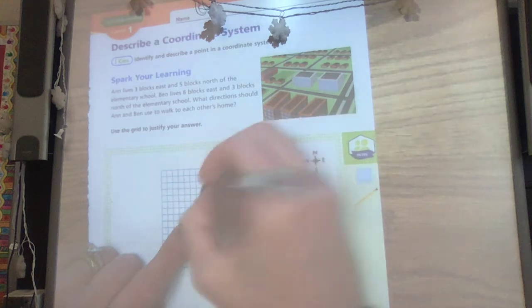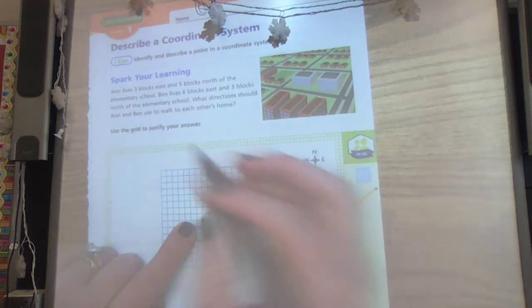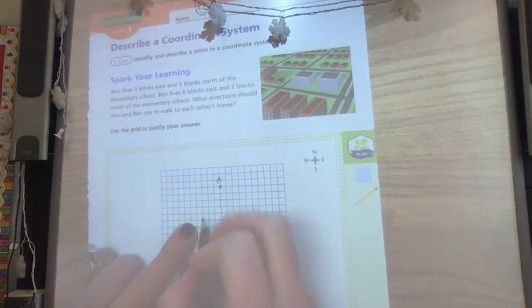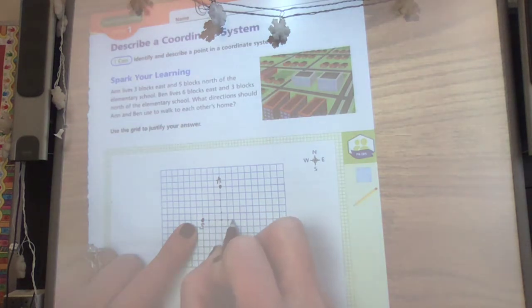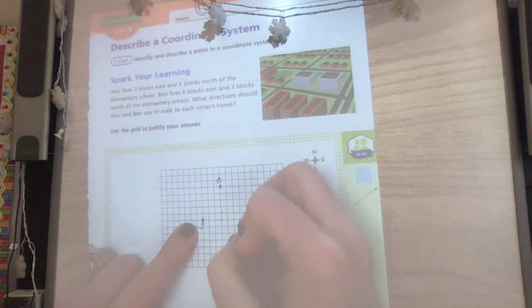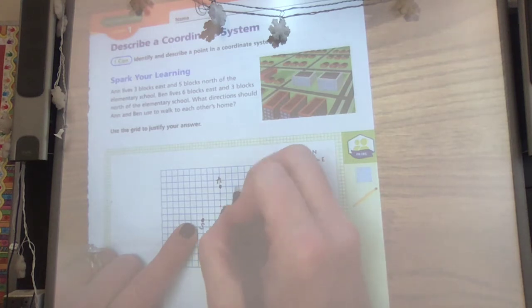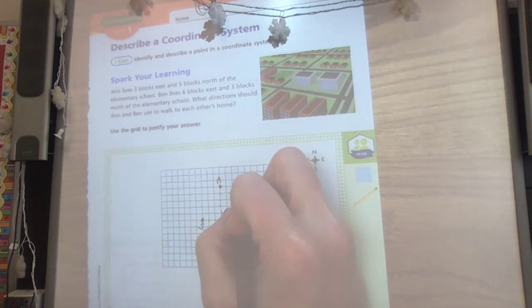So I know this is going to be Anne. Ben lives 6 blocks east. 1, 2, 3, 4, 5, 6, and 3 blocks north. 1, 2, 3. And that is Ben.